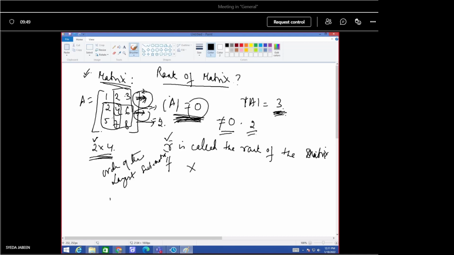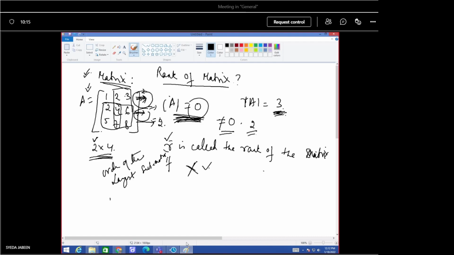If this is 0, there may be another minor which is not equal to 0. So this will be a time-consuming task to check the rank. The simplest method is to check whether the rows or columns are linearly independent or dependent. And the simplest one is converting the matrix to echelon form, by applying transformations to the matrix.